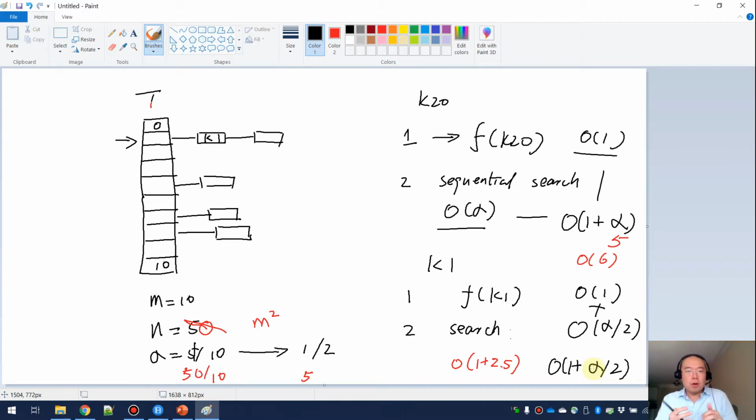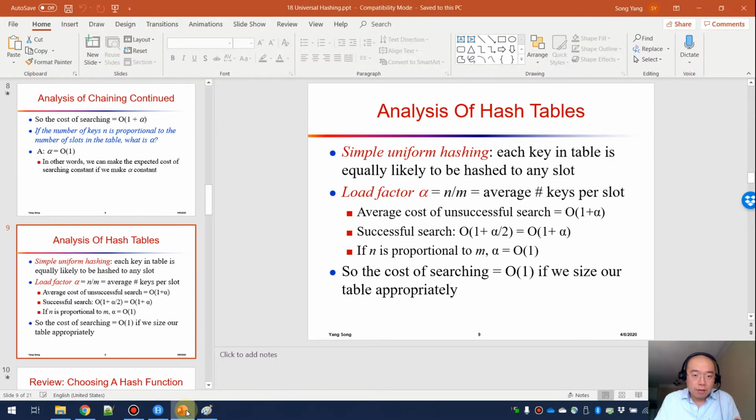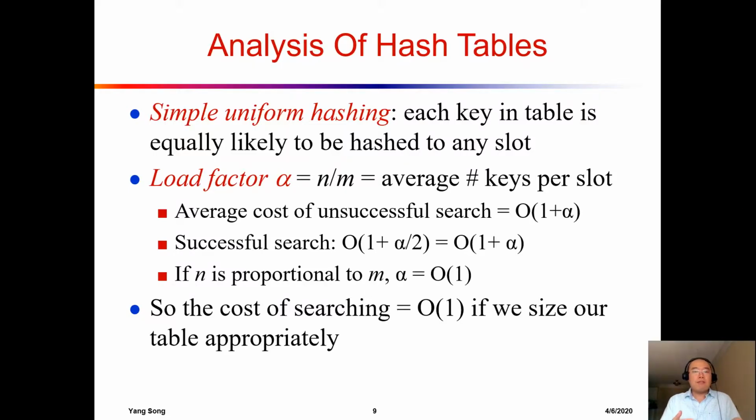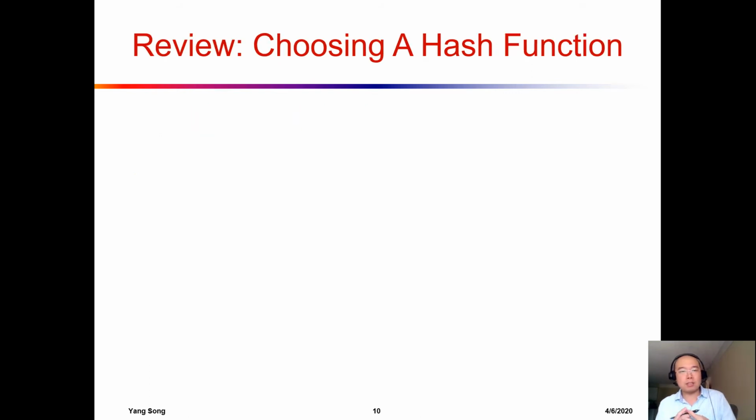So this is the point we settle on this part. If n is proportional to m, then we can consider alpha to be a constant.